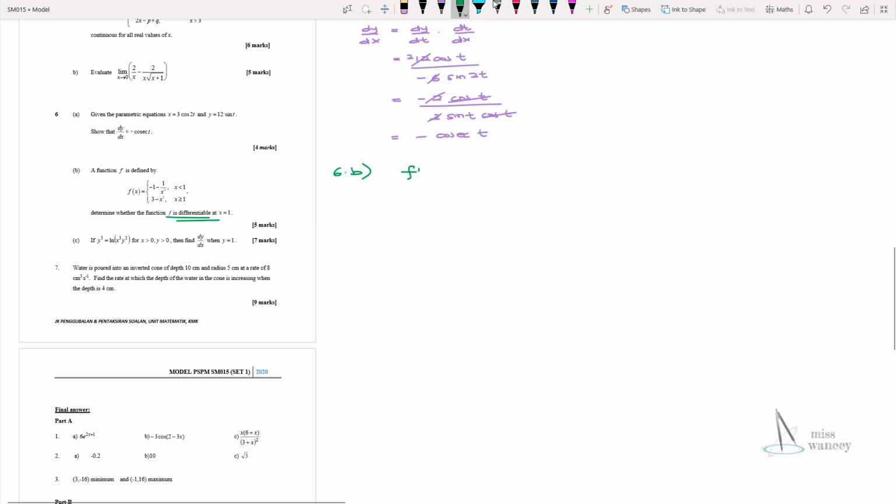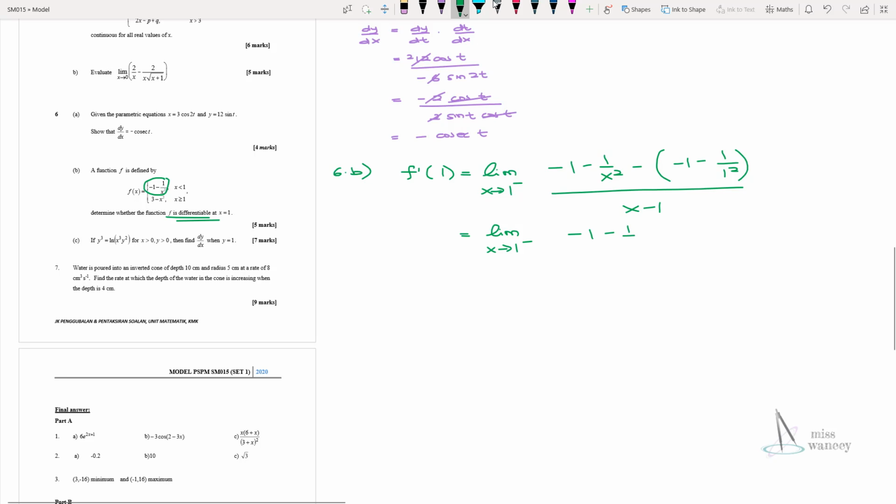So f prime of 1, so this is the limit as x approaches 1 on the left hand side. So the function is this one, negative 1 over x square minus, so negative 1 minus 1 over 1 square over x minus 1. Okay, so this is the limit for x approaching 1 on the left, negative 1 over x square, negative.